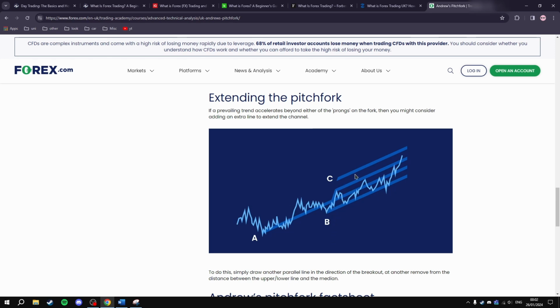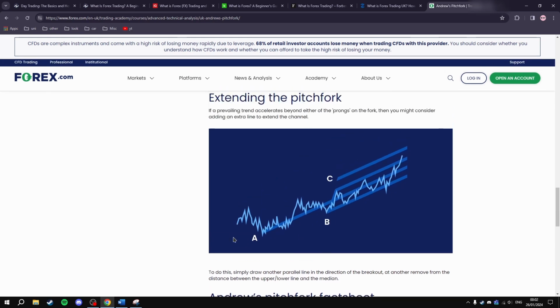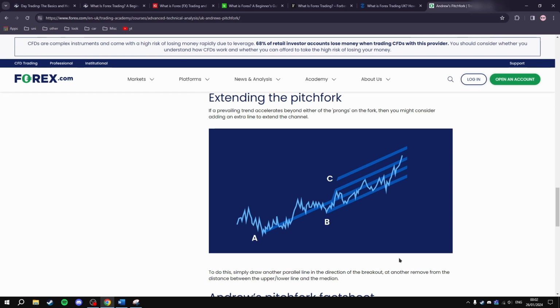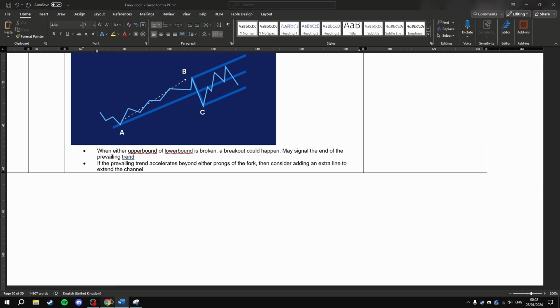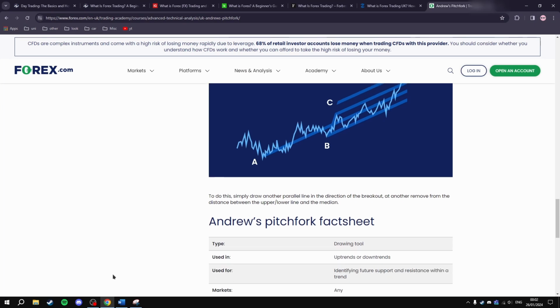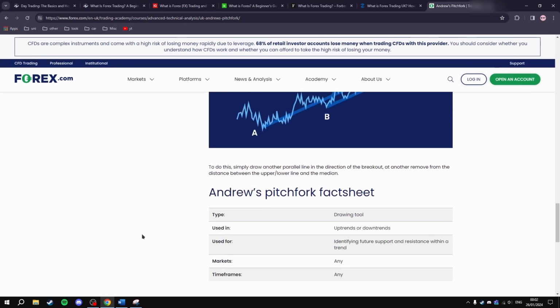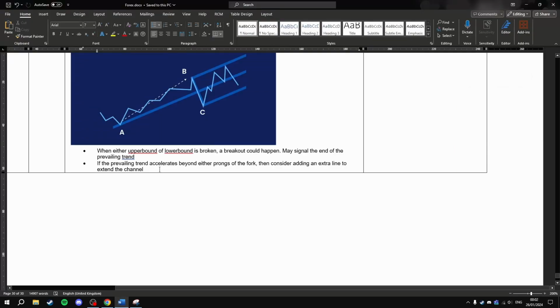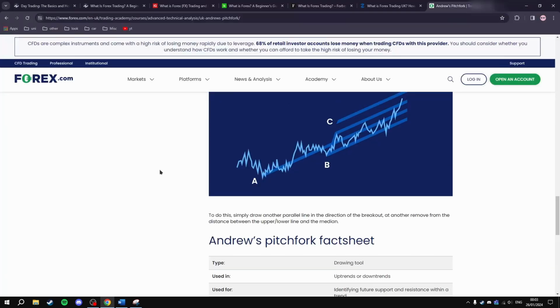You can see the original pitchfork here, and then the new one is added as C.